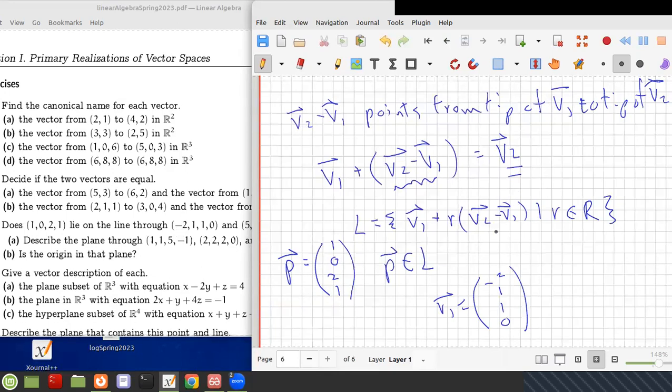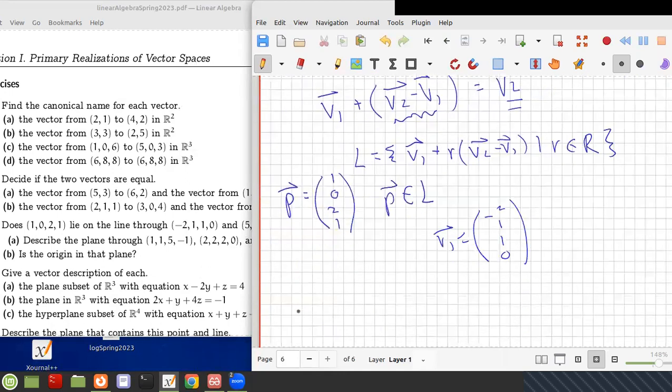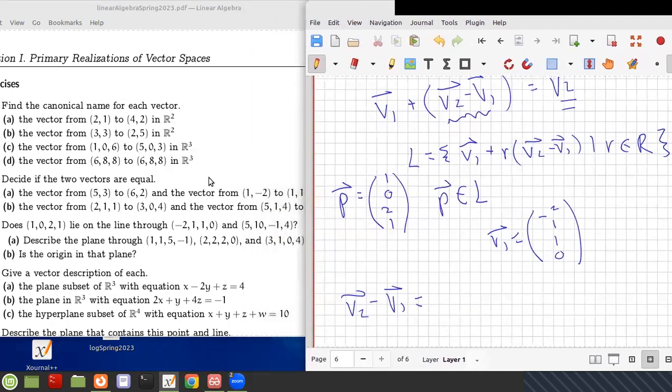Now we have to do V2 minus V1. Well, V2 minus V1 equals, let me see if I can move this over a little bit there, I'm converting these coordinate points to column vectors, 5, 10, -1, 4 minus -2, 1, 1, 0. This is V2, this is V1.